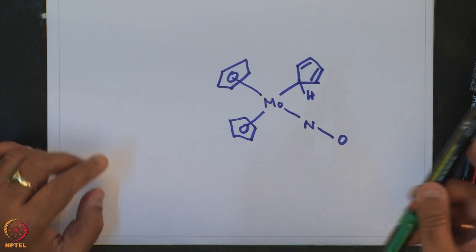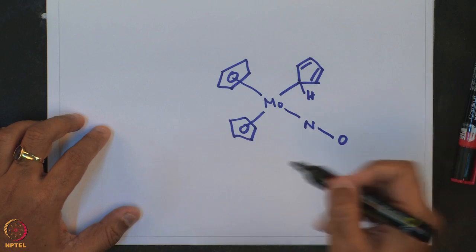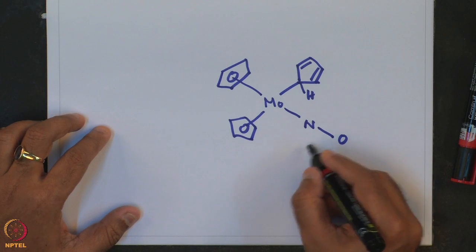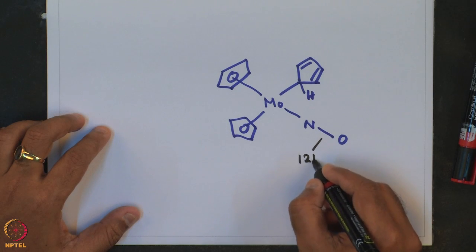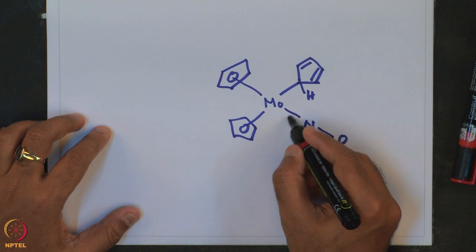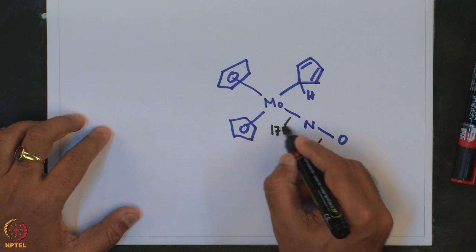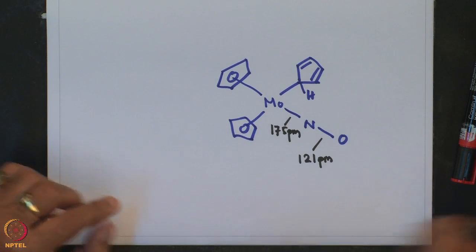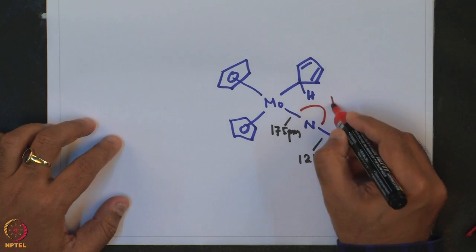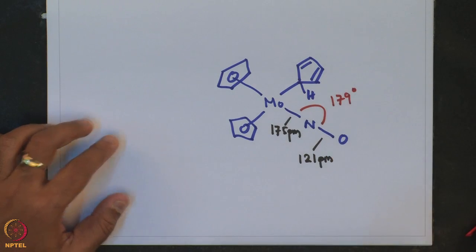Now, this NO distance in this complex is 121 picometer, and molybdenum nitrogen is 175 picometer, whereas this angle is close to being linear, 179 degrees.